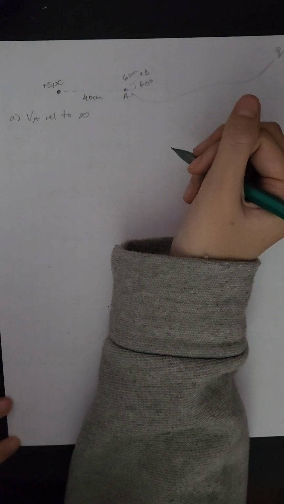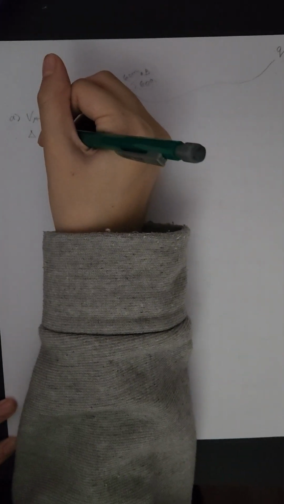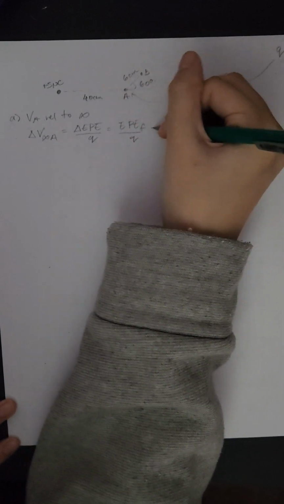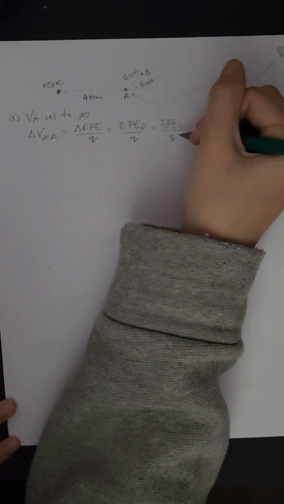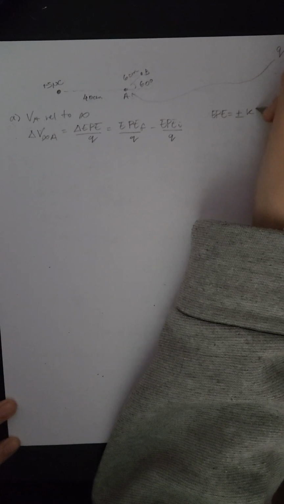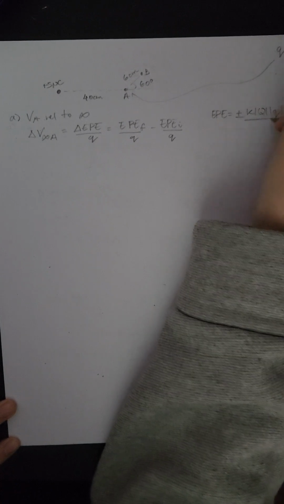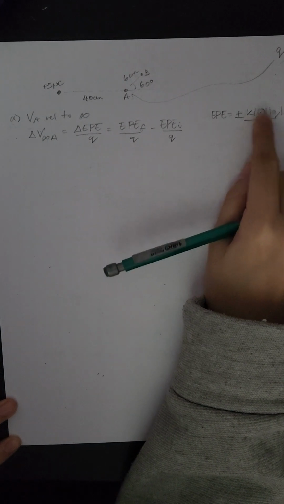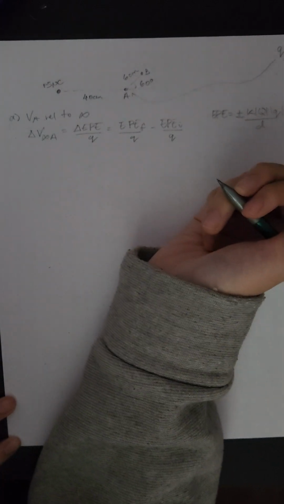So for the voltage at A relative to infinity, we could use the electric potential energy equation from infinity to A, which is written as the change in voltage from infinity to A is equal to the change in electric potential energy over Q, or electric potential energy final over Q minus electric potential energy initial over Q. And I'll remind you that the electric potential energy equation is written as plus or minus K Q test charge Q over D, where D is the distance between the two charges, the test charge and the charge Q, which is 5 microcoulombs in this problem.